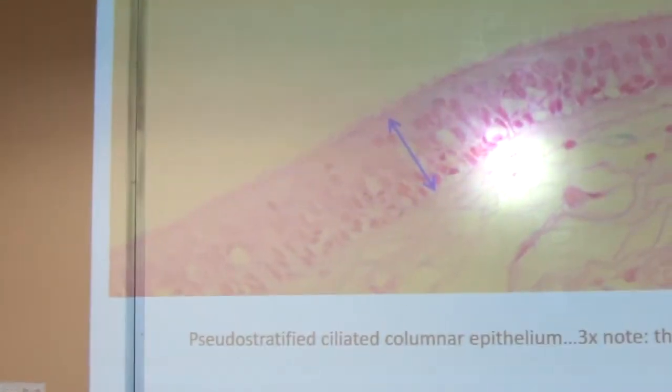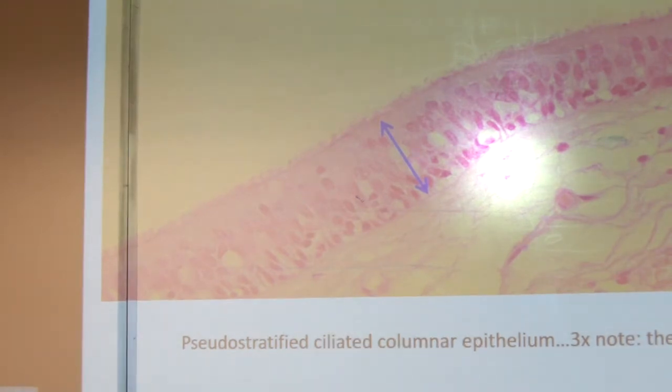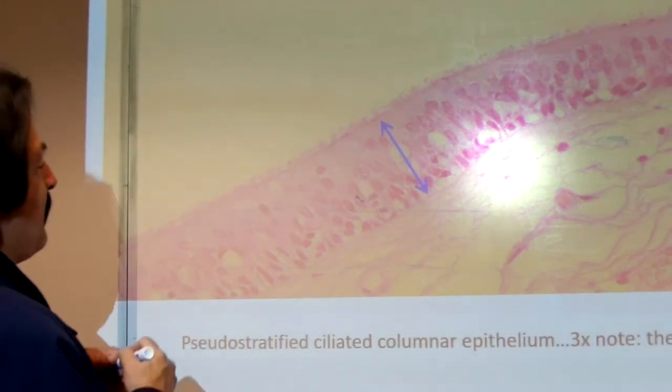on our epithelium. Right there. Make sure this is focused. Just to the left of that glowing bulb.